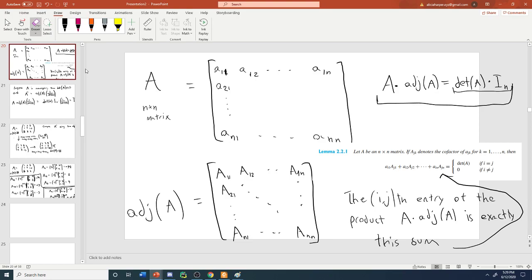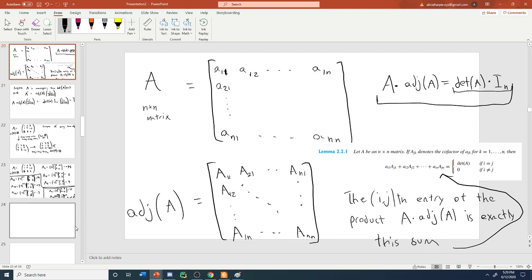This is not quite right. I messed up my indexing. This should be a 2, 1, and this should be 1, 2. Likewise, down here, this should be 1n, and this should be n1. So the indexing is the opposite of the conventional, but that's fine.